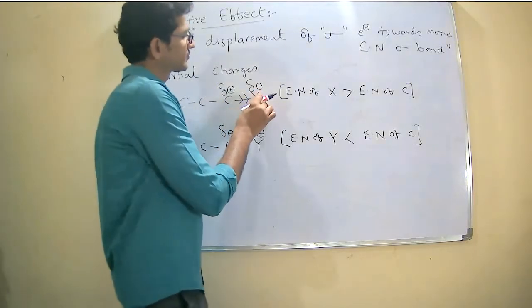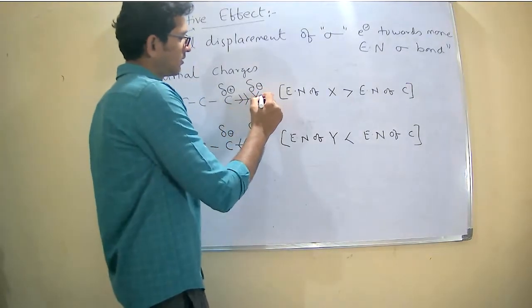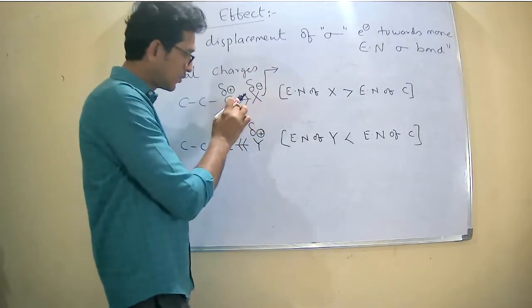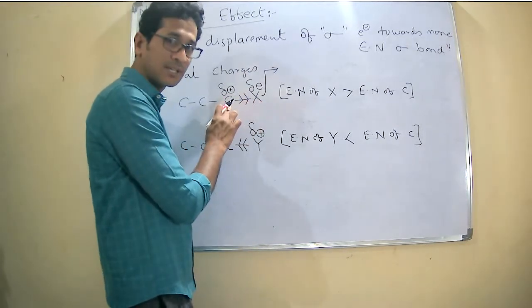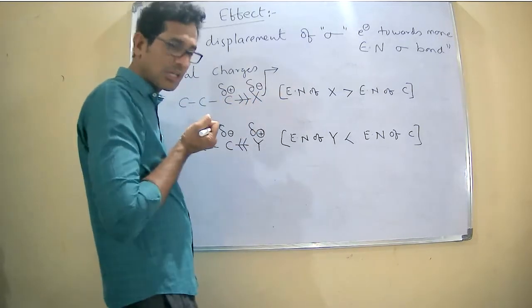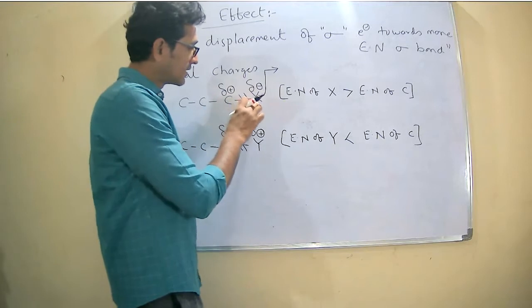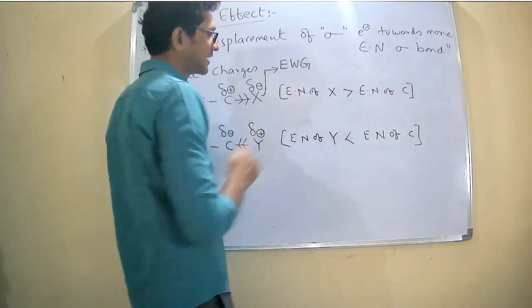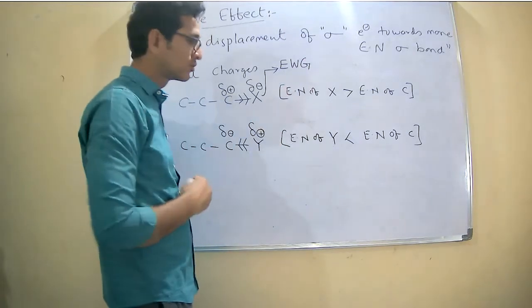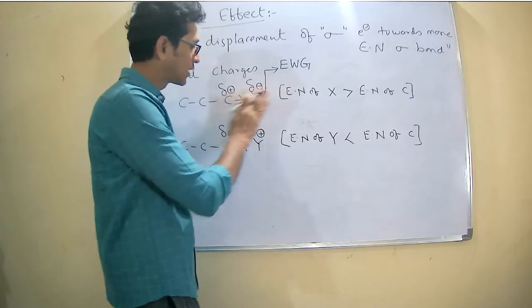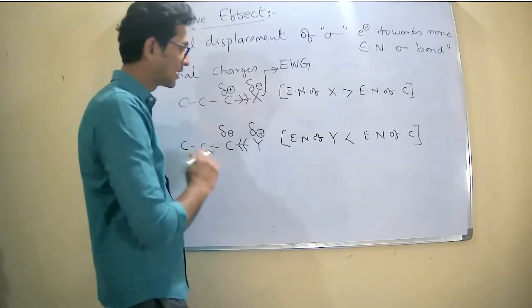Here, X withdraws electrons from the adjacent carbon. Therefore, this X is called an electron withdrawing group with respect to the carbon.